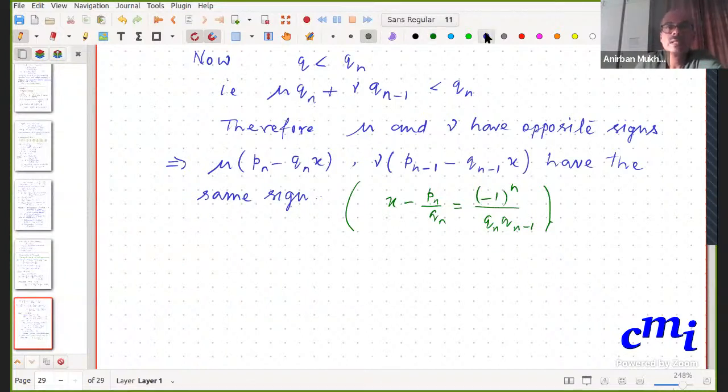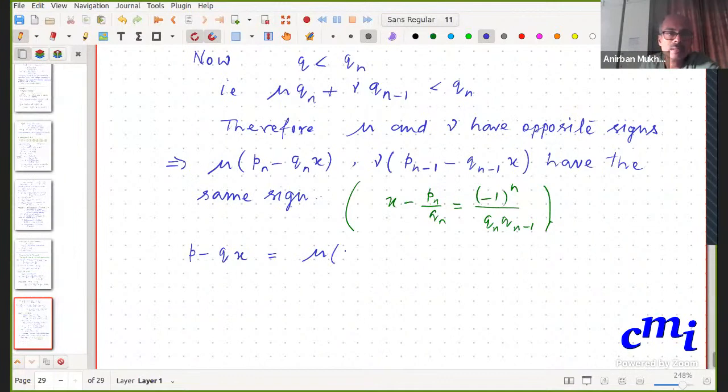So using this observation, the last one, what we can do now is write P minus Qx is equal to, so P is defined to be mu times Pn plus mu times Pn minus 1.